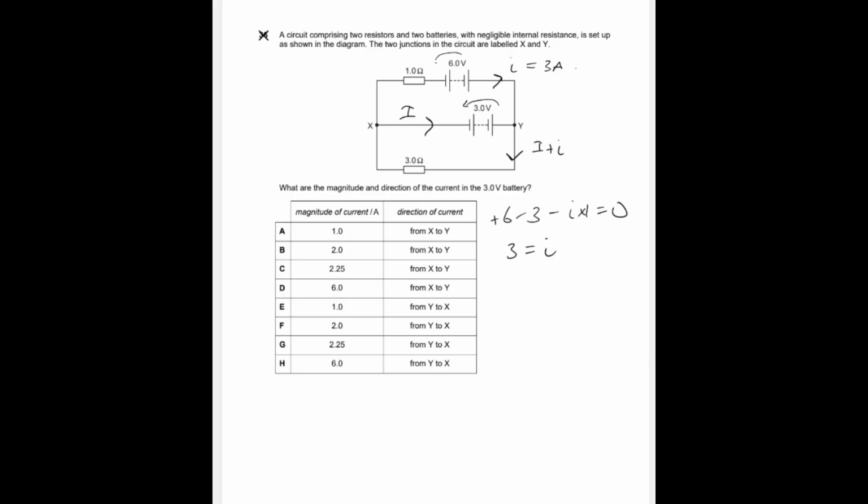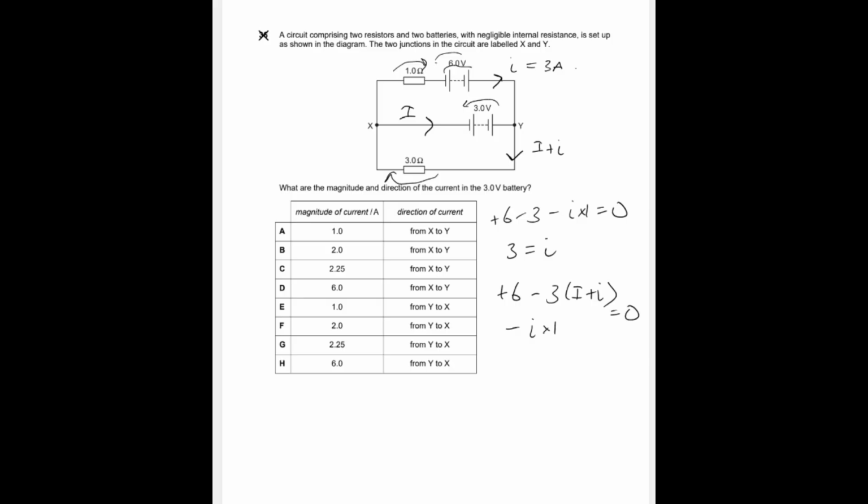Okay, next let's do this loop. So we're going to again start over here. So what we get is we go the normal way over the battery, then we go over this. So that's going to be minus 3 times I plus I, and then minus, we go over this one again, so that's going to be minus I times 1 again, and that equals 0.